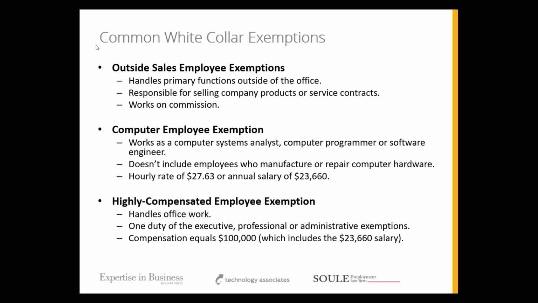But if you've got someone who performs some version of office work for your business, and they don't necessarily meet all of the duties functions in either the executive, professional, or administrative exemptions, but they may meet one of those duties requirements in one of those exemptions, and you pay them in some fashion at least $100,000 a year, and part of that $100,000 is a regular salary of $23,660, then that person could be an exempt, highly compensated employee under this exemption.